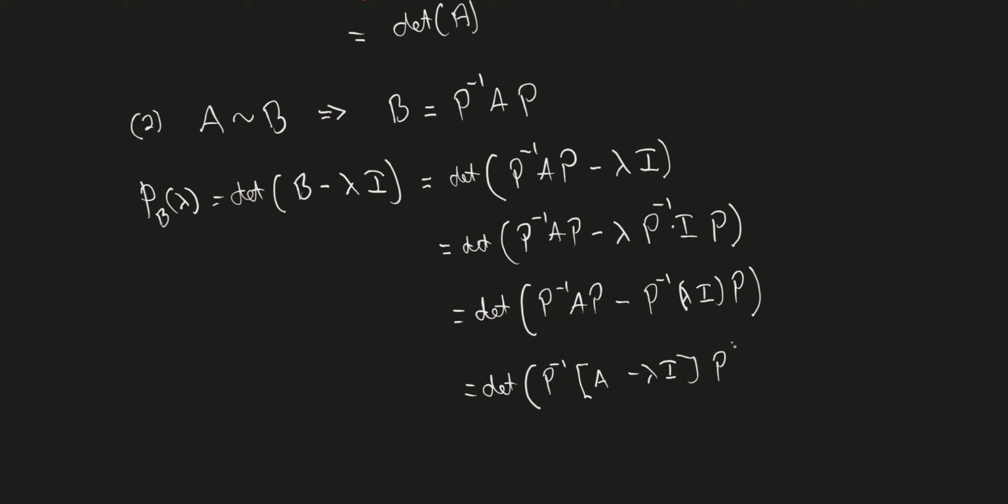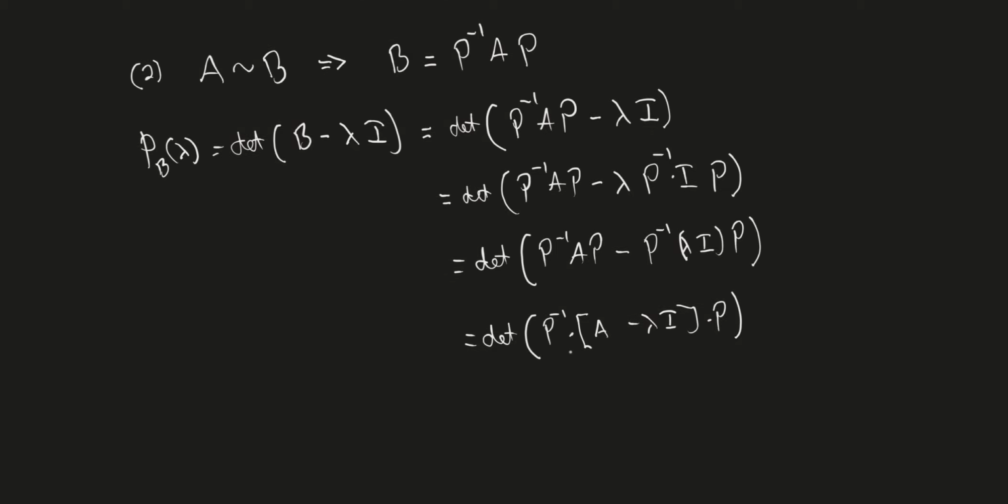Then use the same property of determinants that we used earlier, right? Because now this is a product. So this is the determinant of P inverse times the determinant of that thing in the middle, A minus lambda I, and then times the determinant of P. And what happens again is that the determinant of P inverse multiplied by the determinant of P is going to be 1.